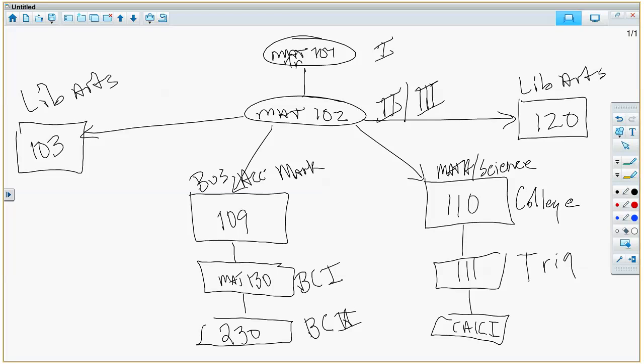A lot of people say, well, what if I don't need it? You're going to need 2 maths to get an associate in science degree. You're going to need 2 maths or science to get a bachelor's degree. So that's your 2 maths if you take them somewhere else. And let's say you change your major to pre-med. Then you can go on into Calc 1 because you've had college algebra and college trig. That is the best route for anybody to go that's not a liberal arts major, pretty much.